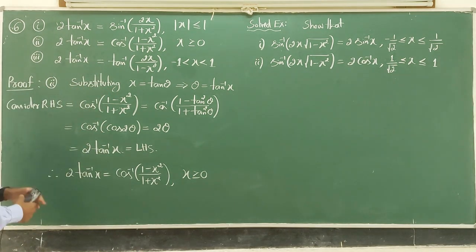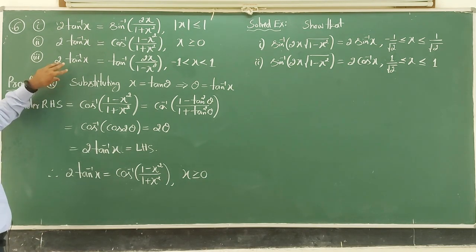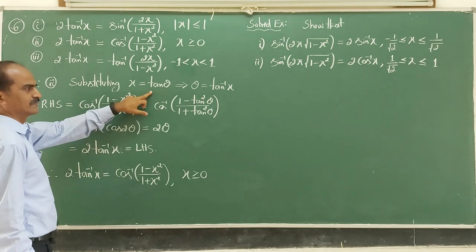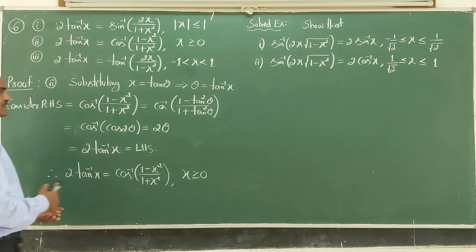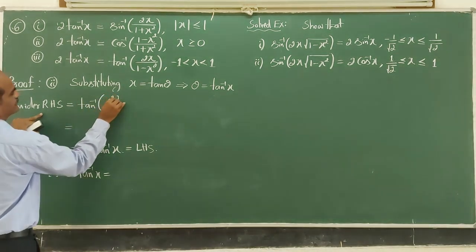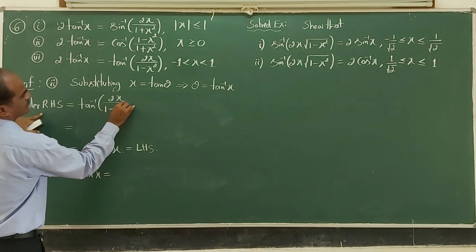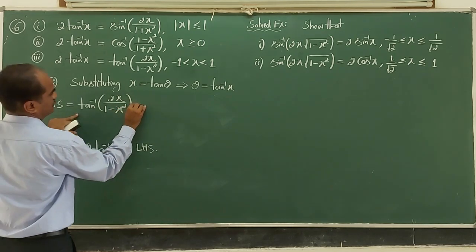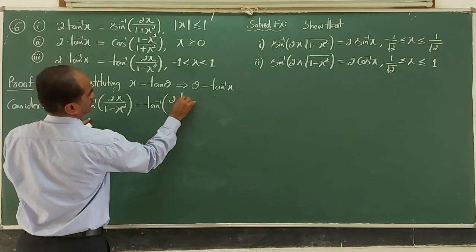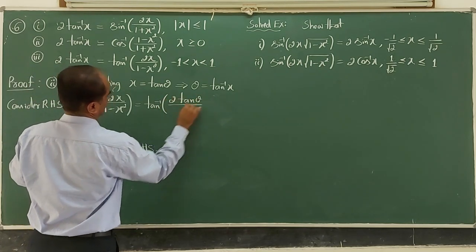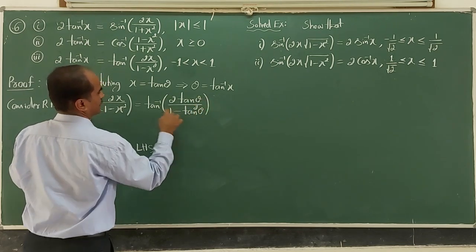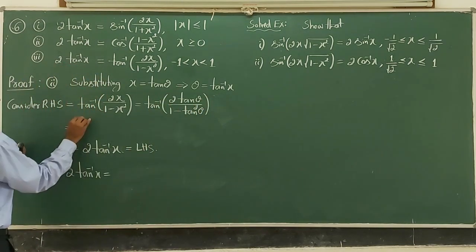Similarly, the third one now. To prove this result, I will take again x equal to tan theta. It implies theta is tan inverse x. RHS is tan inverse of 2x by 1 minus x square, that is tan inverse of 2 tan theta by 1 minus tan square theta. Clearly, it is the formula of tan 2 theta.